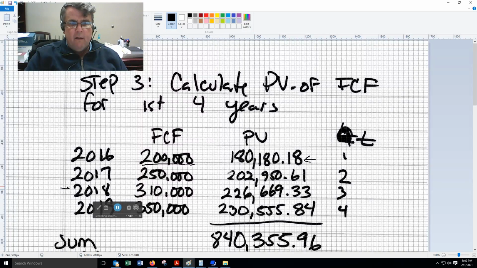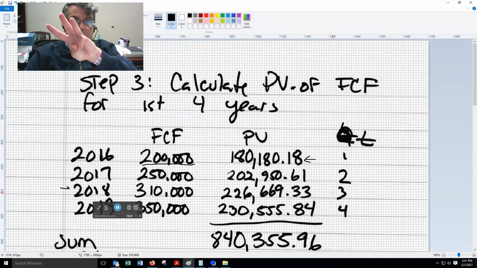Okay, here. We're going to get $310,000 in future cash flow at the end of 2018. That is a future value, so we hit $310,000 future value. That's a positive. We then know that money is going to be 3 years away, so 3N. And then our RA is what we're using to discount those earnings by. It is 11%, so we hit 11 IY.